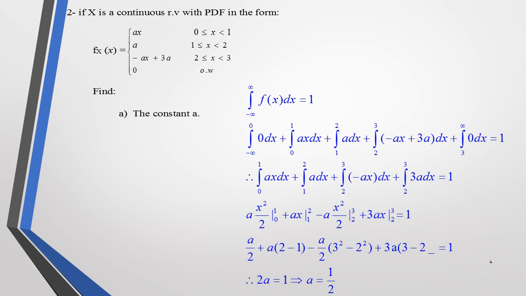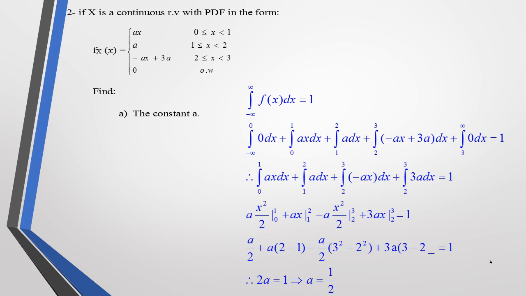So the integral from negative infinity to infinity of f(x) dx will be equal to the integration from negative infinity to 0 of 0 dx plus the integration from 0 to 1 of ax dx plus the integration from 1 to 2 of a dx plus the integration from 2 to 3 of negative ax plus 3a dx plus the integration from 3 to infinity of 0 dx. The first integral is equal to 0. The second one equals ax^2/2 evaluated at 0 and 1.